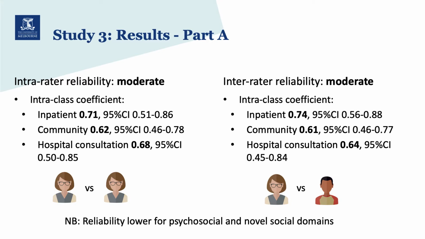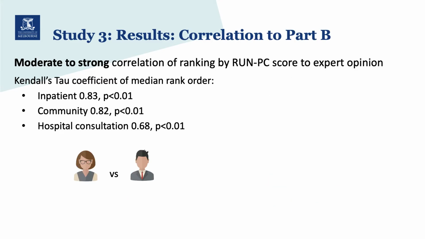So terms and concepts that perhaps people are not as familiar with. But moderate intra and inter-rater reliability is really comparable to palliative care tools that are accepted in common practice, like the Peacock tools of problem severity score and phase of disease.